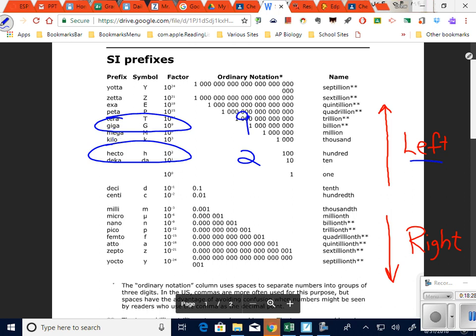How many jumps to get from 2 to 9? Don't everybody scream it at once. How many jumps from 2 to 9? Trent? 7 jumps. What direction am I jumping? I'm going to the left because I am going up.